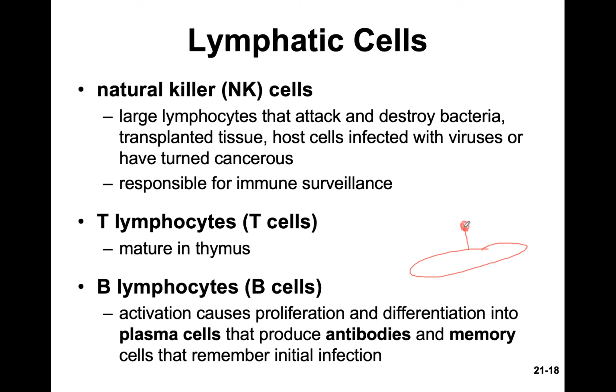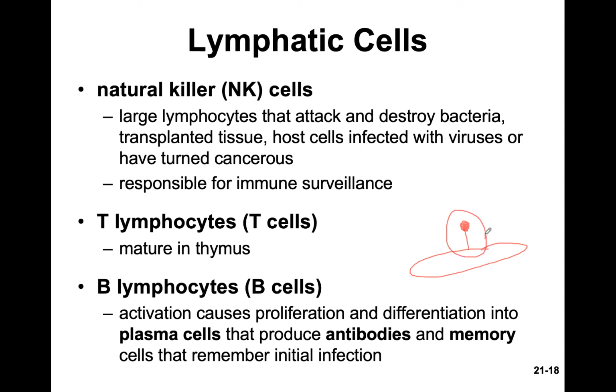And this antigen tells everyone around it who it is. So if this is your bacteria, the bacteria is going to have an antigen that says, hey guys, I'm a bacteria. So T cells and B cells, when you activate these guys, they go out into your body and they look for specific antigens to kill.